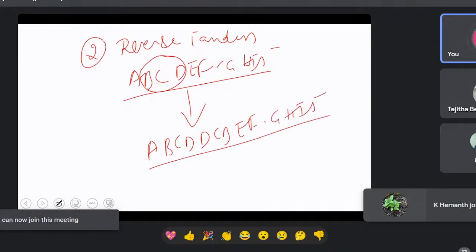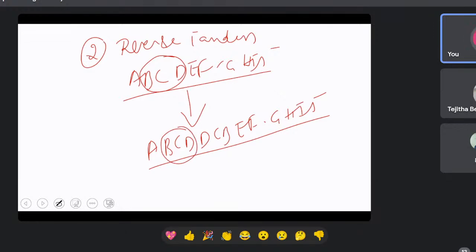This part, BCD, is the original one. This BCD is duplicated, but it is oriented in reverse order, not in BCD form but in a reverse form, DCB. Then it is called a reverse tandem duplication.